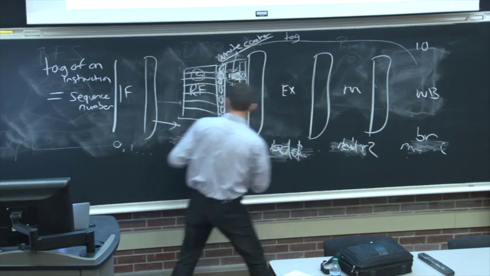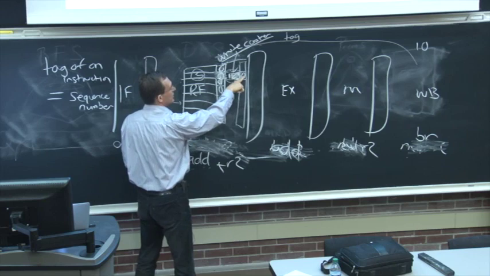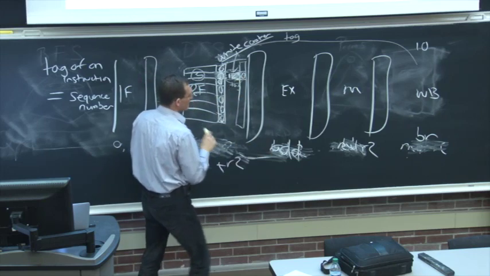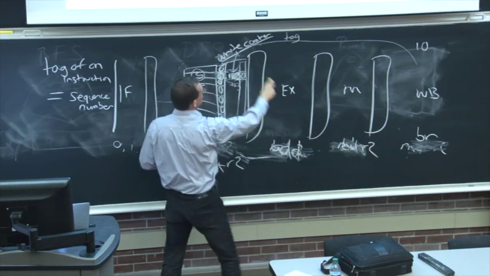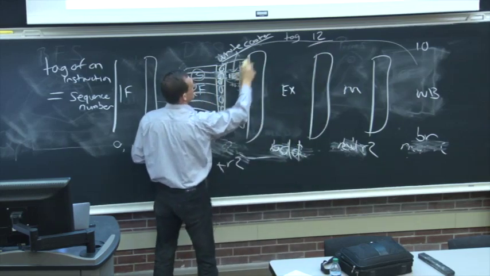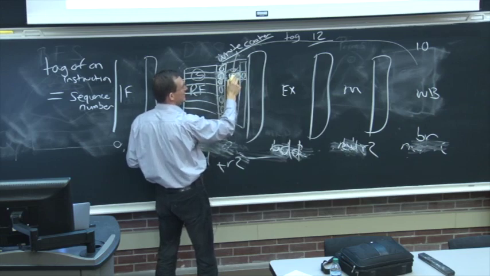And now we fetch this add R2. Add R2 checks if this valid bit is 0. Well, it's 0. Then add R2 cannot go. Now the next multiply is writing back. When that writes back, its tag is now 12. Right? The logic here checks if the tag matches the tag of the register. It does.